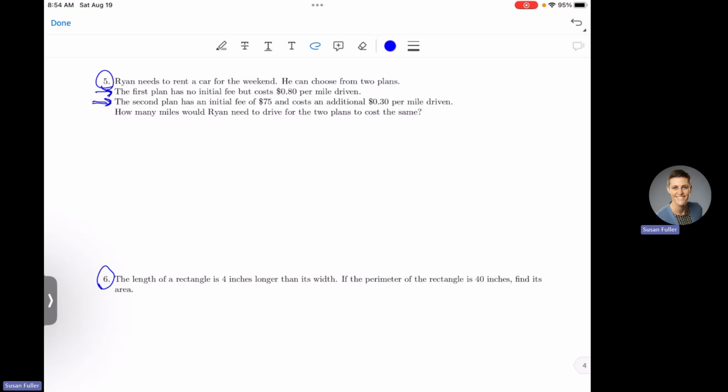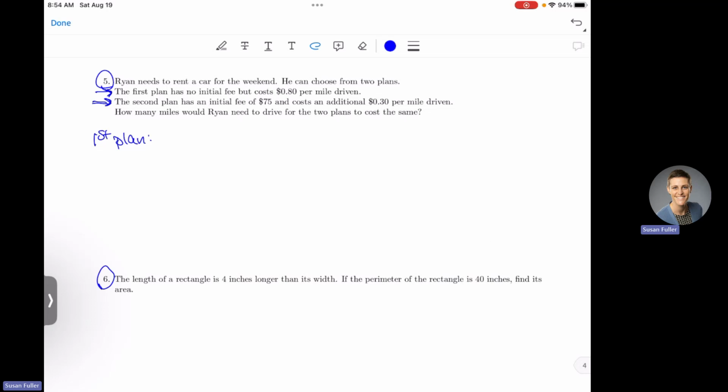Okay, so let's start to math this. Let's start mathing the first plan. The first plan has no initial fee, but it costs 80 cents per mile driven. So the cost of this is going to depend on how many miles he drives, right? We're going to need a variable for that because we don't know how many miles he's driving.